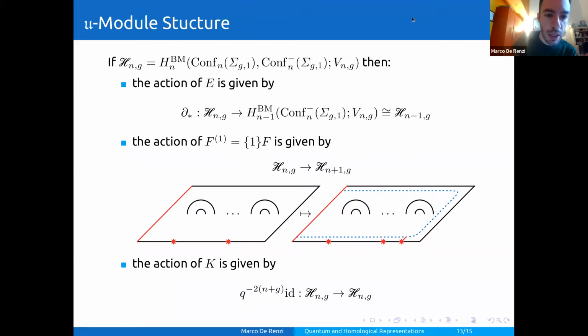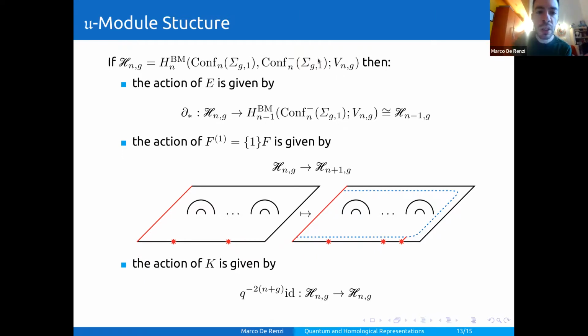So if we denote by curly H with subscript N and G just this homology space, this is one of the summands of the direct sum that I had before I introduced this curly HG, which was a direct sum of all these spaces for N between 0 and R minus 1.